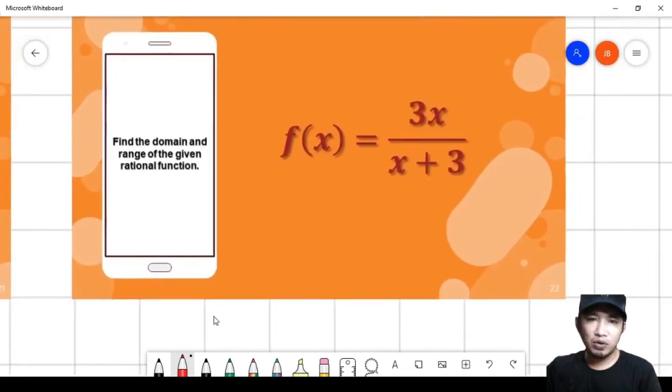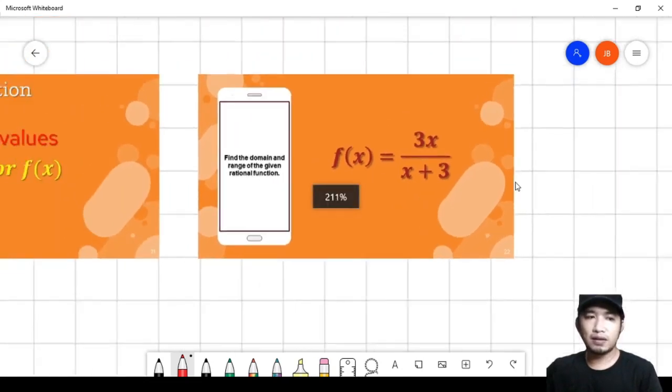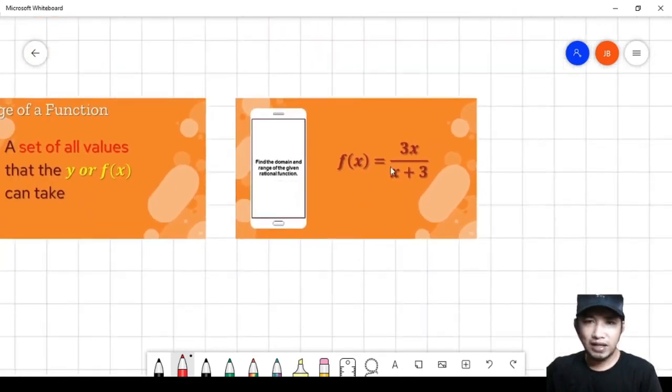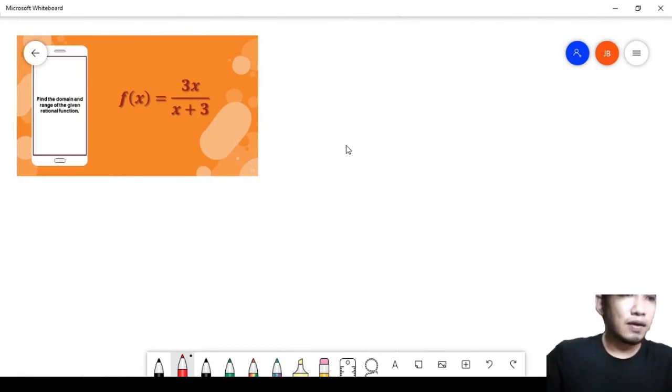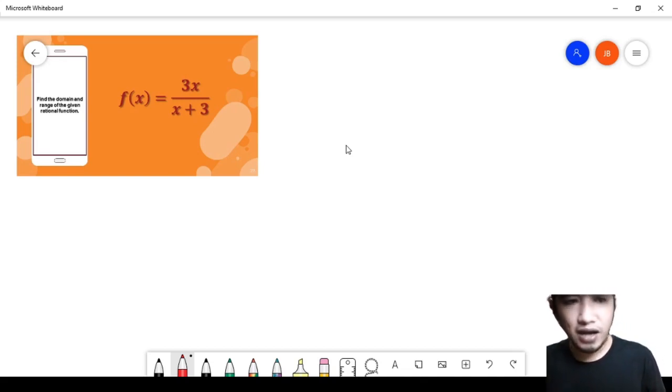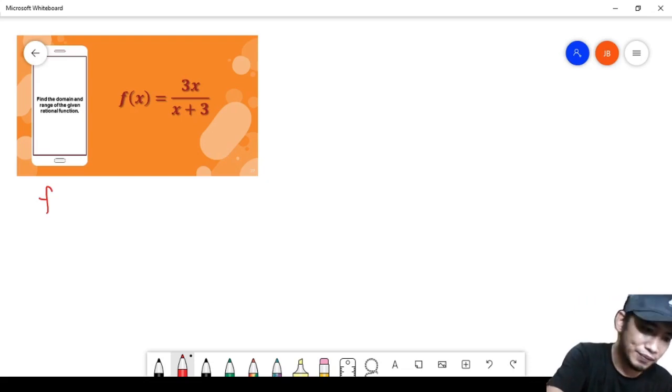So, for example, find the domain and range of the given rational function. Ayan. So, palitin natin. Find the domain and range of the given function. So, first things first, okay, copy the function.